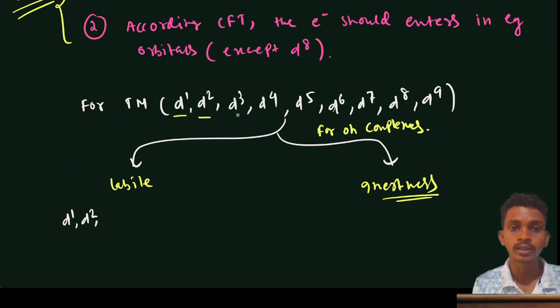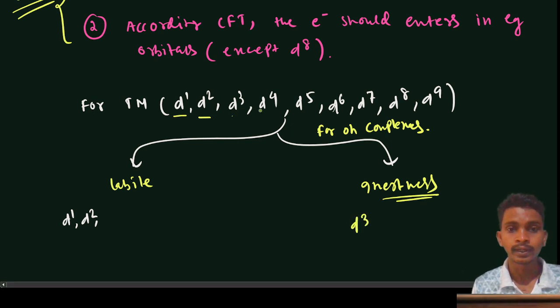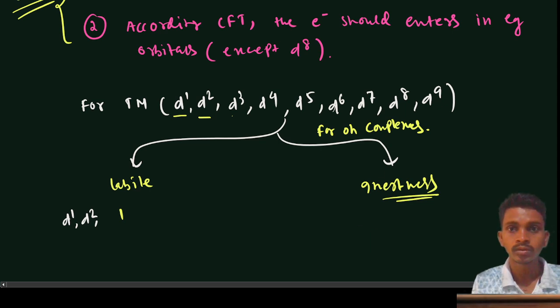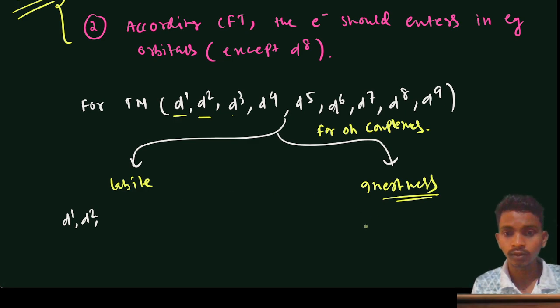So d1, d2, d3 electrons will not enter the eg orbitals, so d3 will be here.